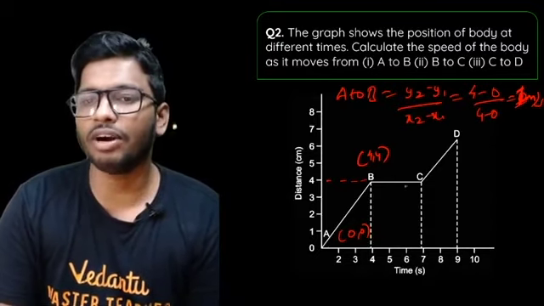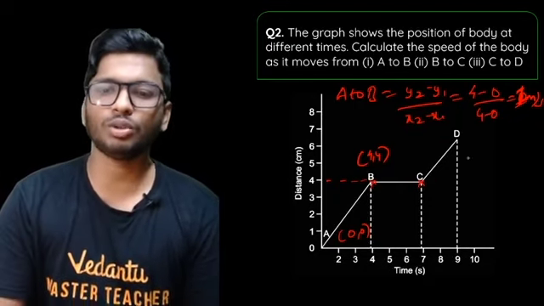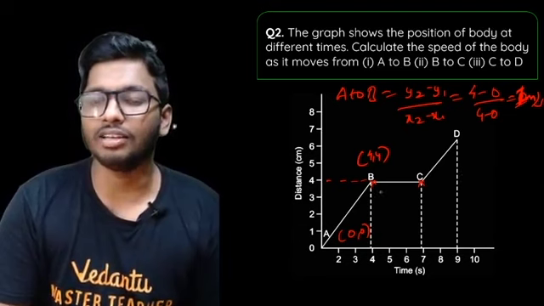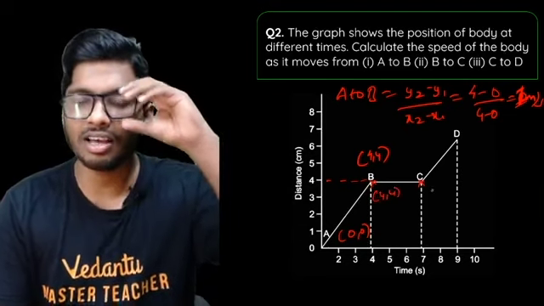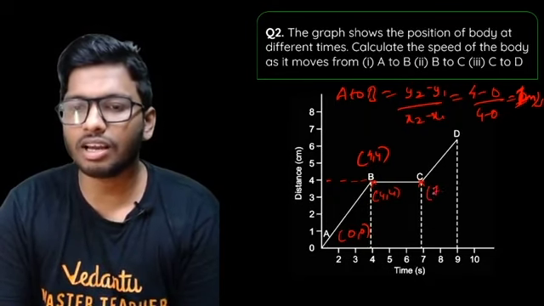For the second one, if you talk about B and C, the coordinates at B are 4 comma 4 on the x-axis and y-axis, and for C it is 7 comma 4.